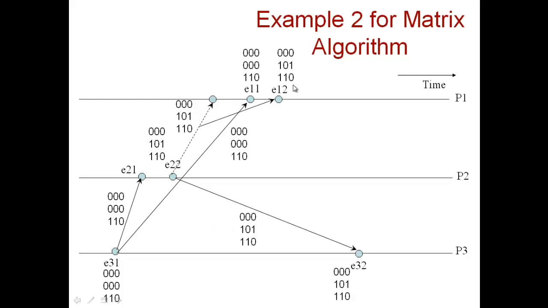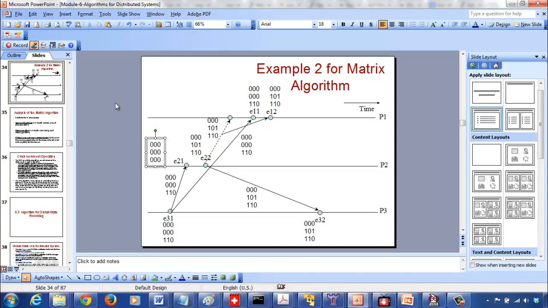Whereas when P1 sees this and looks at this column for a 1, this one indicates that this message is being sent, but this one indicates that P3 has sent something to P1, and P1 has not received it, because its clock value to start with is all zeros.